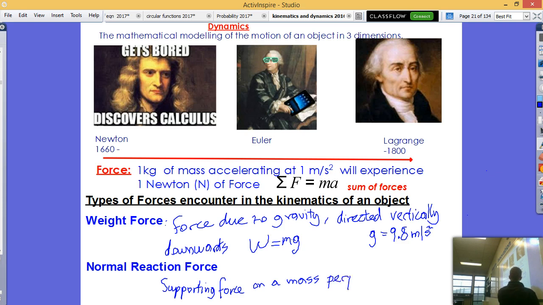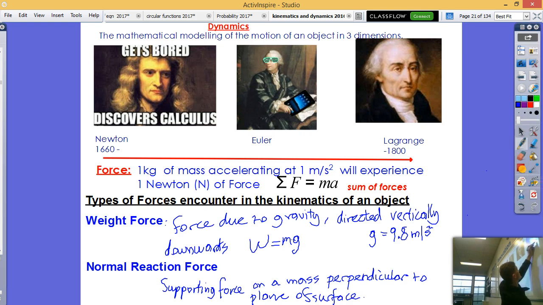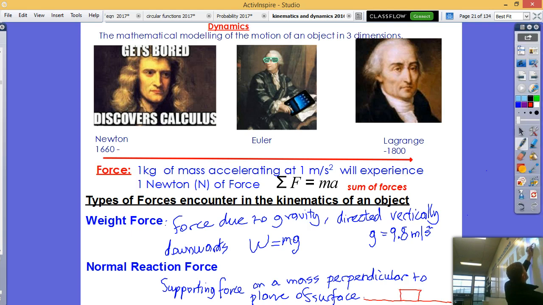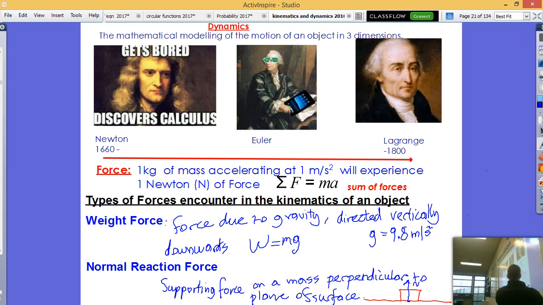It always acts perpendicular to the plane of the surface. So if you have a surface and an object sitting on it, the surface pushes back on the object at 90 degrees to the surface, and we call that the normal reaction force.